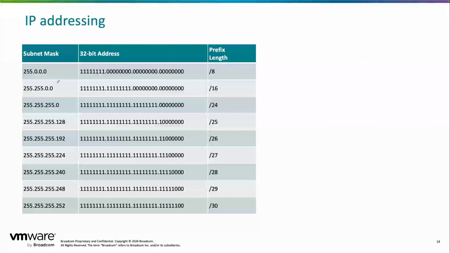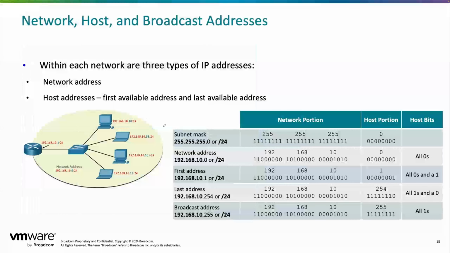That means you have to be pretty familiar with the network mask and IP prefix mappings, and also need to be familiar with, for example, which one is the network address, which one is the first available host address, which one is the last available host address, and which one is the broadcast address.